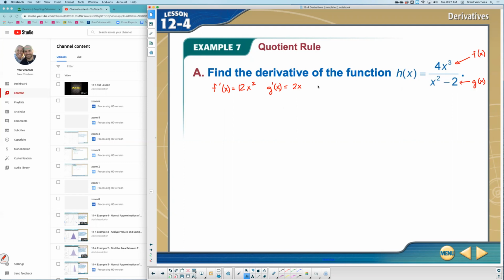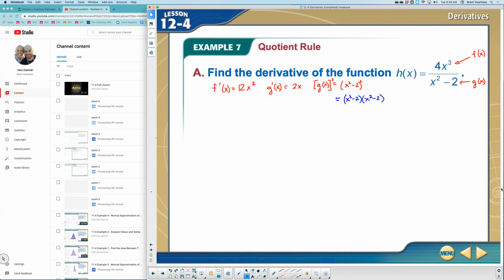Now, in a moment, we will need g squared. So g of x squared, if I use these brackets, what that will be is x squared minus 2 squared, which we could FOIL out. It will be x squared minus 2 times x squared minus 2.